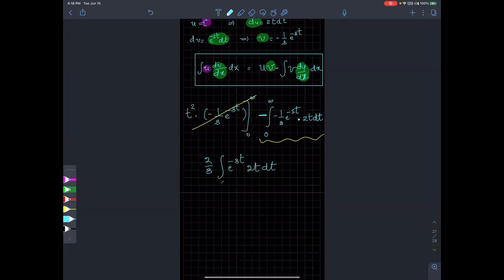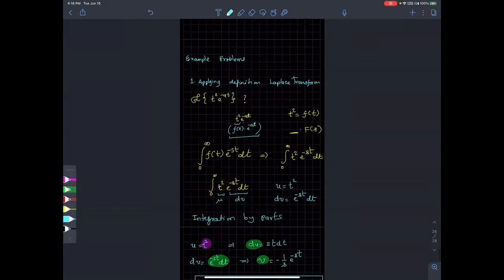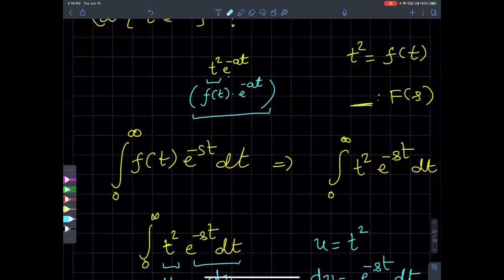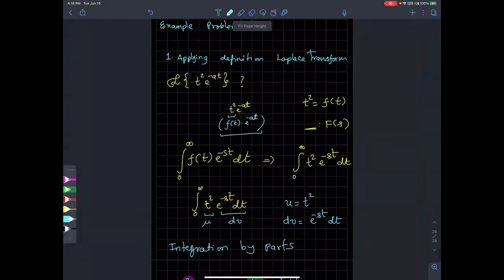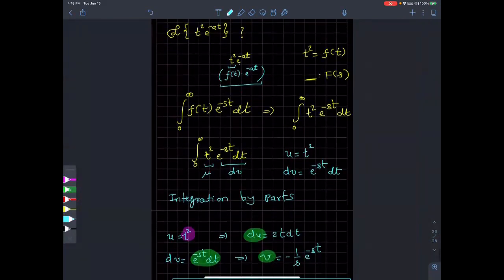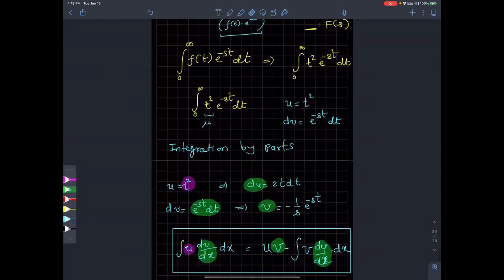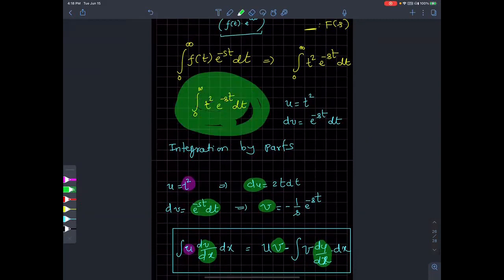From 0 to infinity. There's not a whole lot of magic I'm doing here. All I have done is just apply the definition of the Laplace transform to t squared, which is simply integrating from 0 to infinity t squared e to the minus st dt.